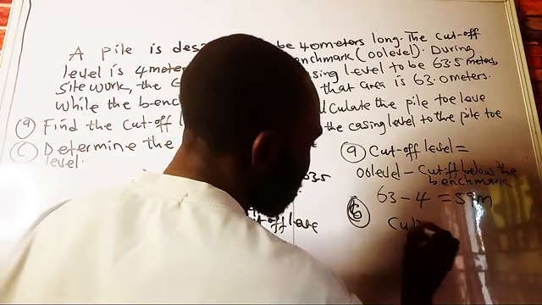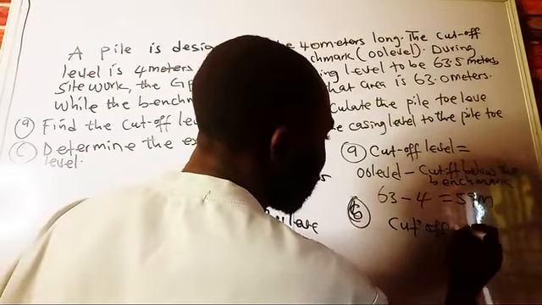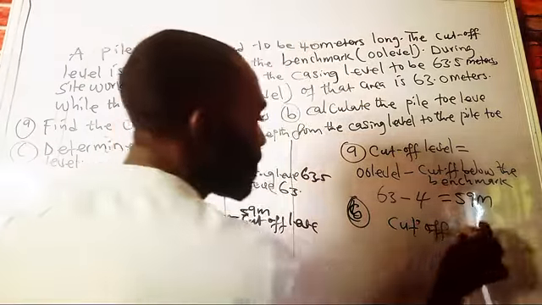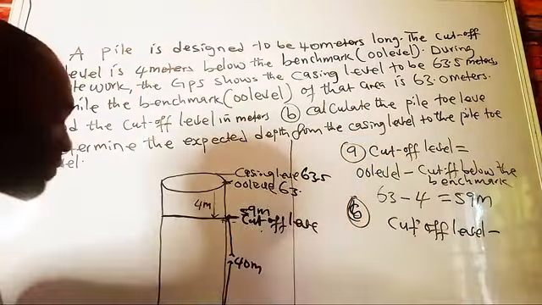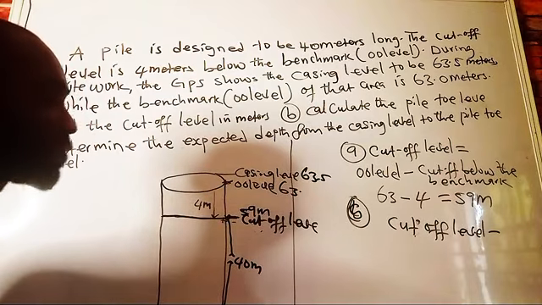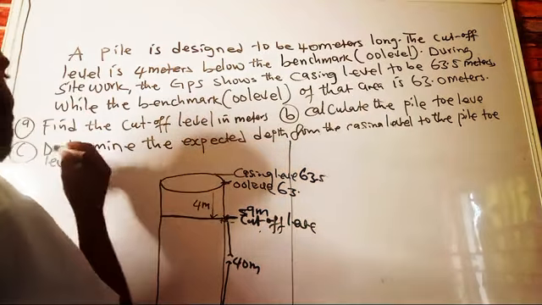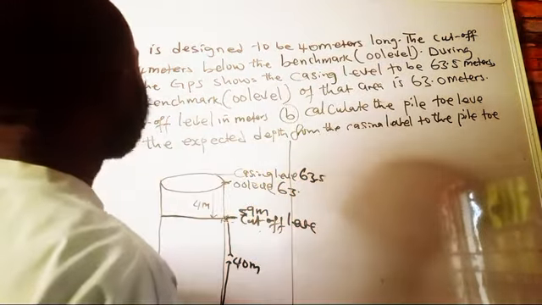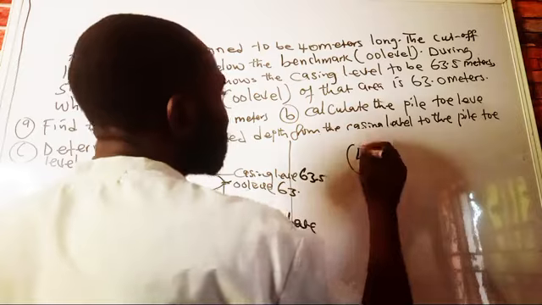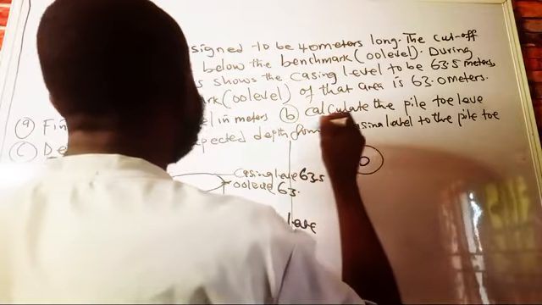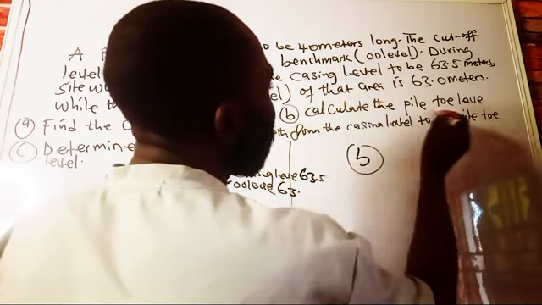After finding the cutoff level in meters, let's look at option B, calculate the pile toe level.